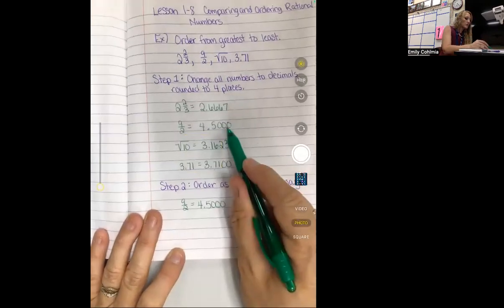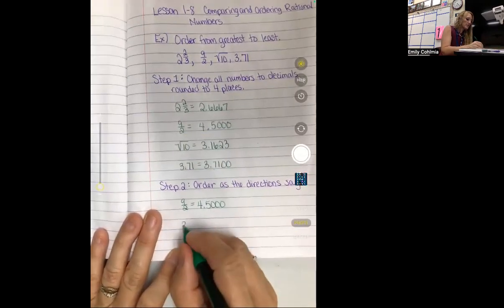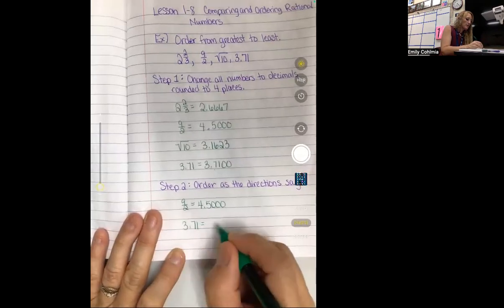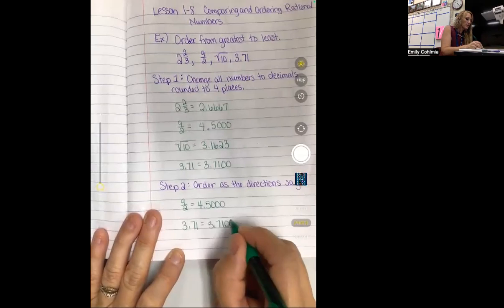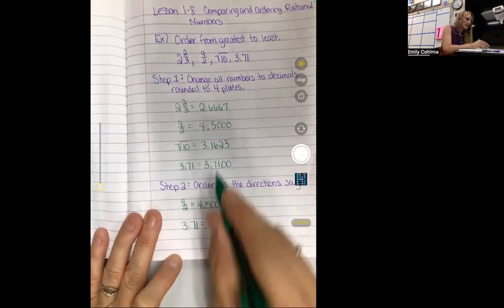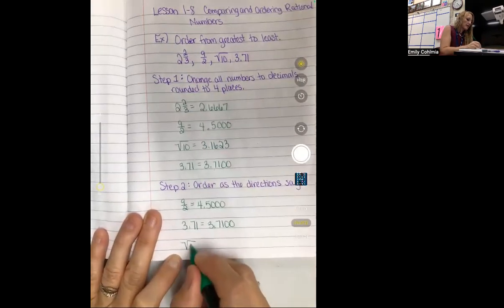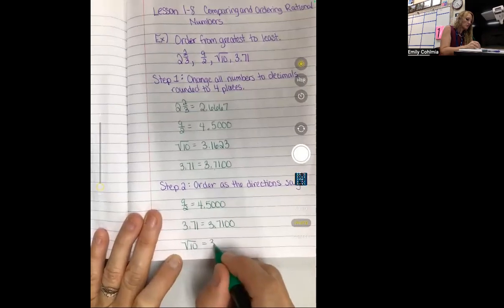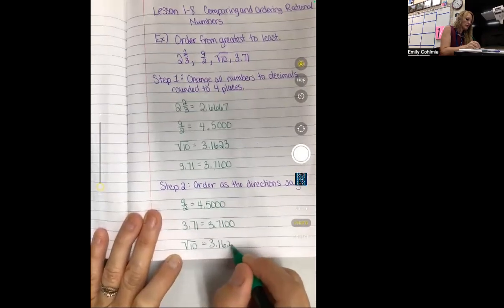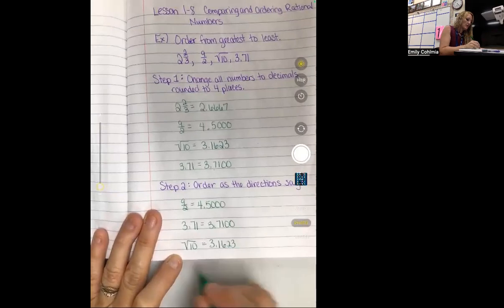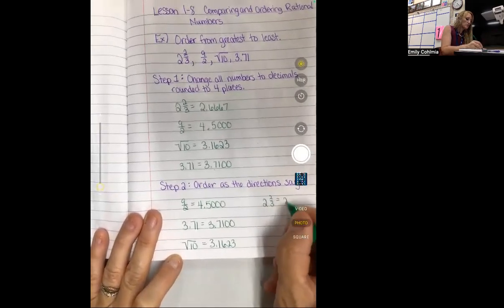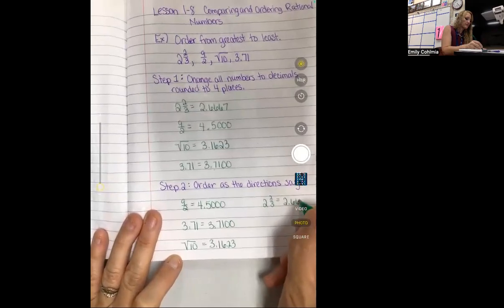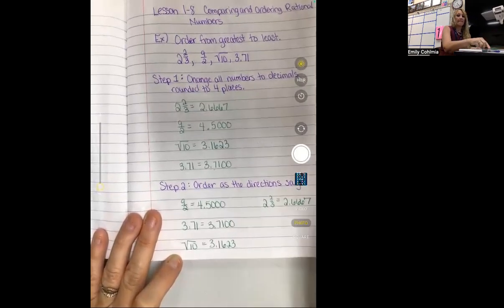And then our next one would be the 3.71, which is the 3.7100. And then the next one would be the square root of 10, which is 3.1623. And then the last one is the 2 2/3, which is the 2.6667. Okay, so now they're ordered.